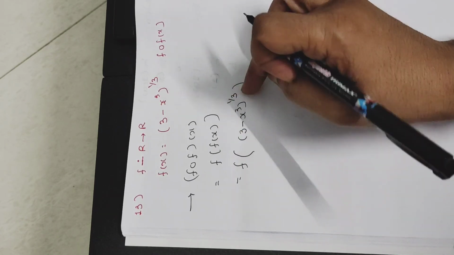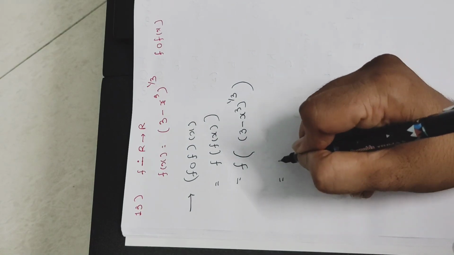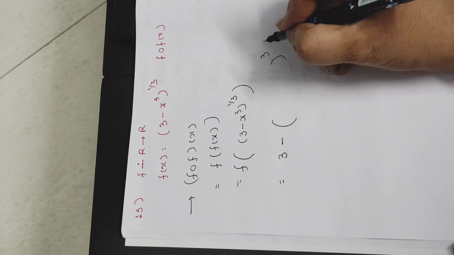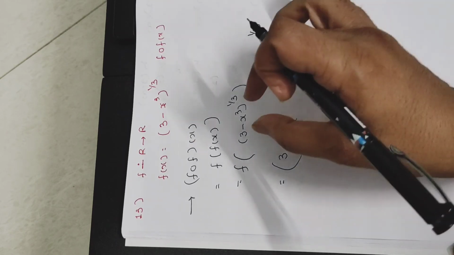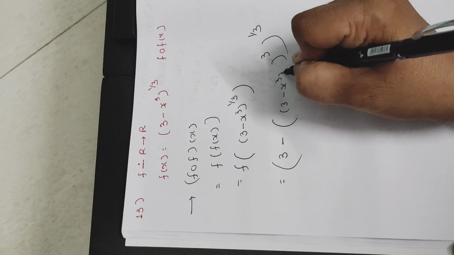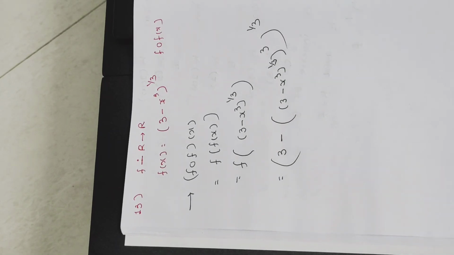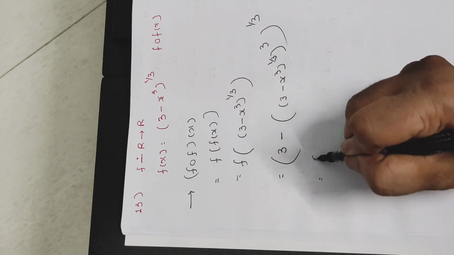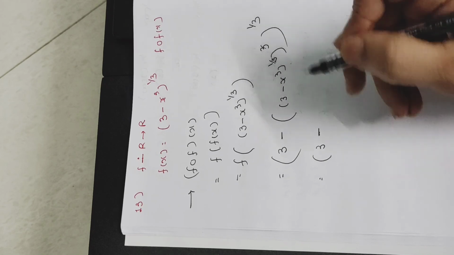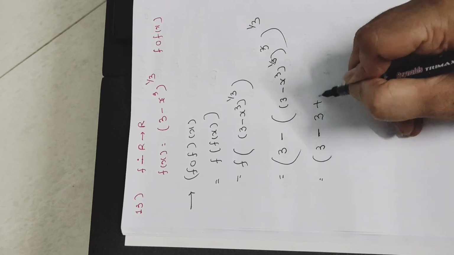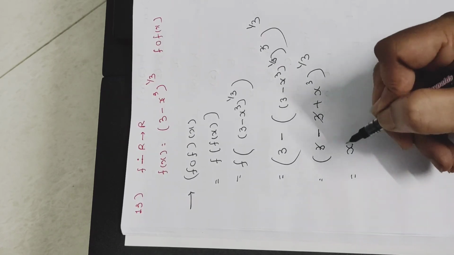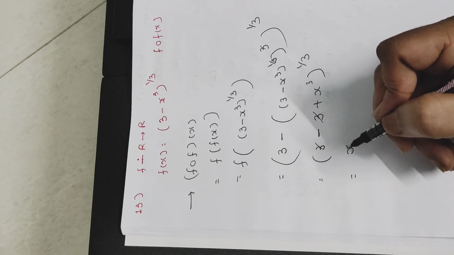Now this value again I have to put in place of x, that is (3 minus x cubed) raised to 1 by 3. Now this is 3 minus these, and this goes out, so 3 plus x cubed raised to 1 by 3, 3 and 3 cancel, so the answer is x.